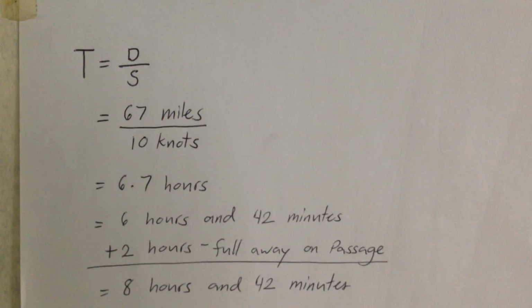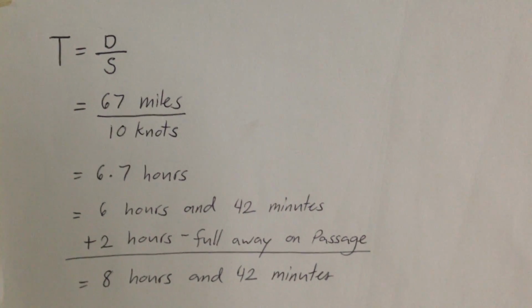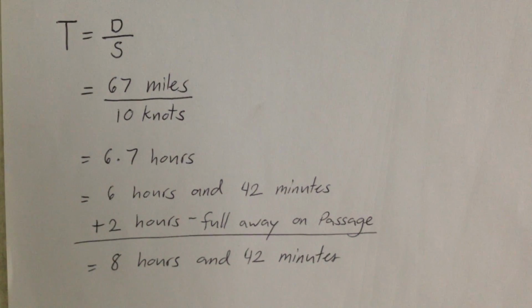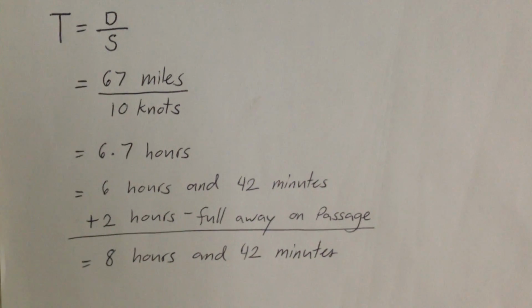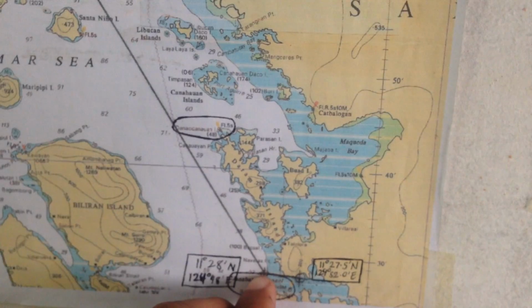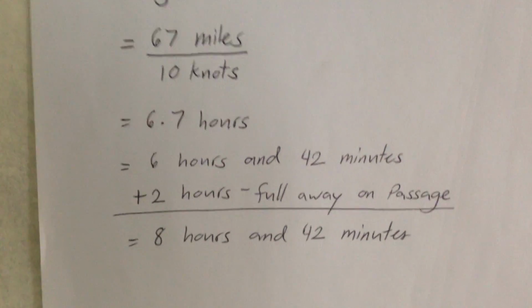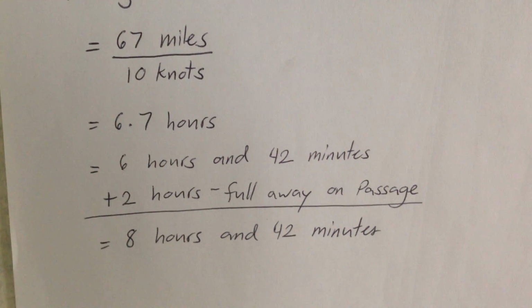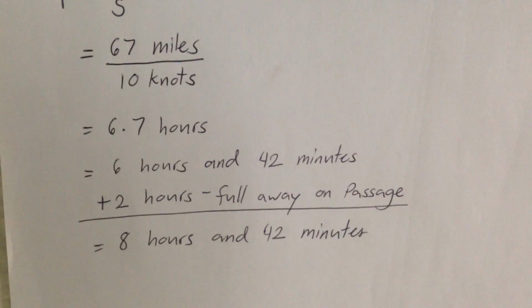So we have 6 hours and 42 minutes. We will add the 2 hours for the full away on passage, here. So plus 2 hours, it is equal to 8 hours and 42 minutes.